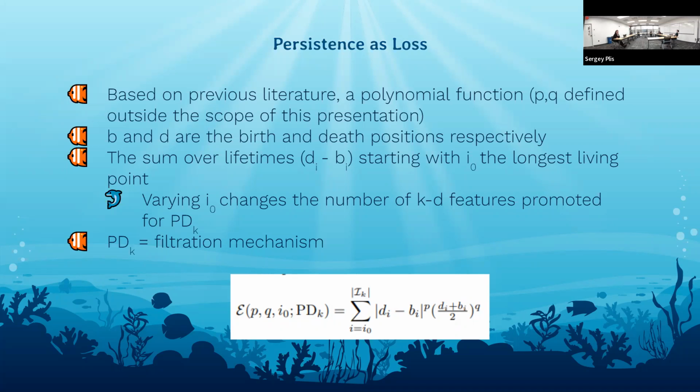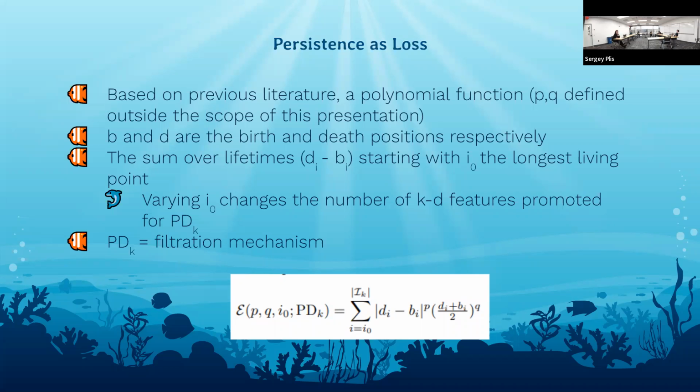Now P and Q, their definition is out of the scope of this paper. It's based on previous research and it doesn't necessarily matter. PDK is just the filtration, it's just the distance. It doesn't matter, it's kind of been discussed. I0 is what? The lifetime that you care the most about.